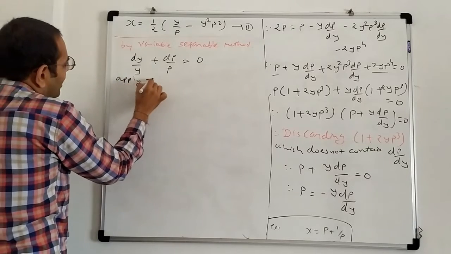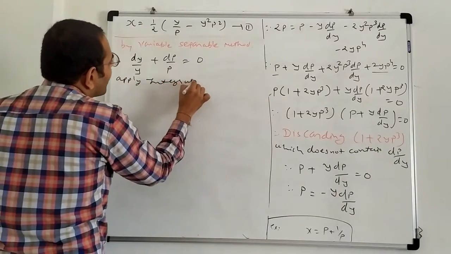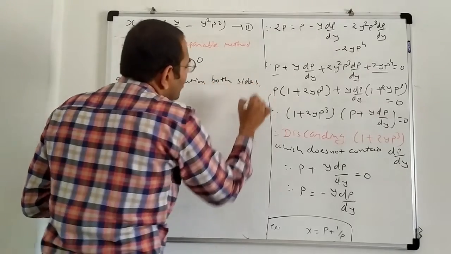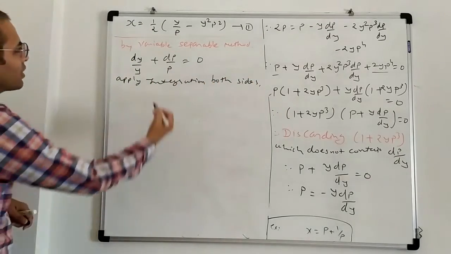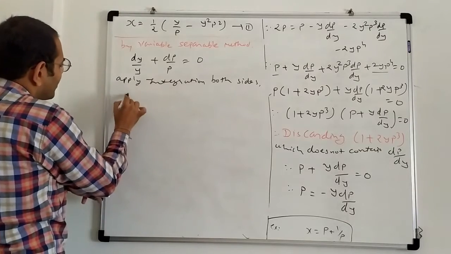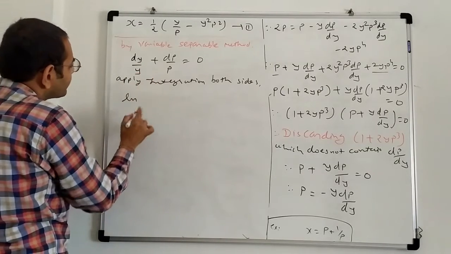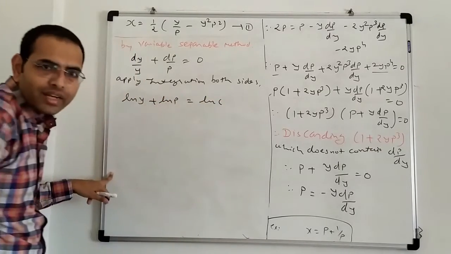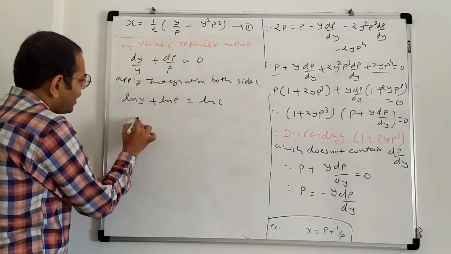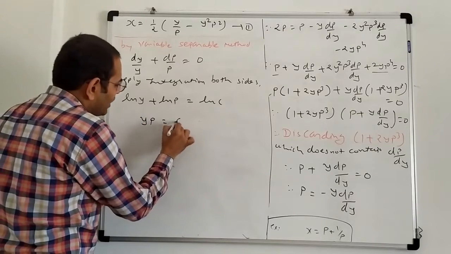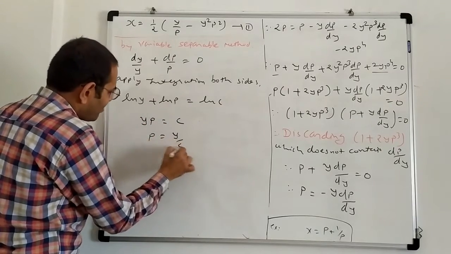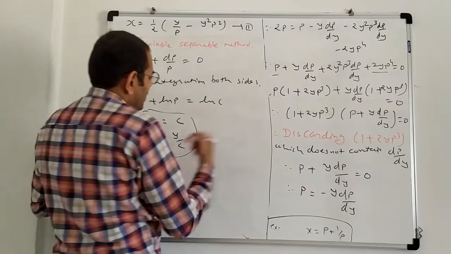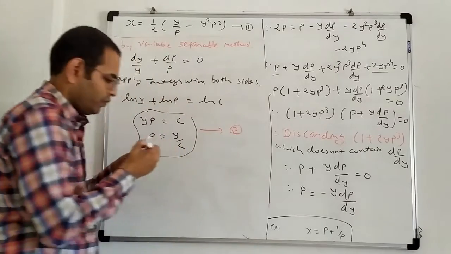Then apply integration on both sides. Meaning ln y plus ln p equal to ln c. Then taking antilog, p equal to y by c. That is our equation number 2.